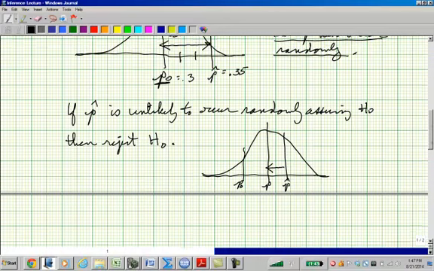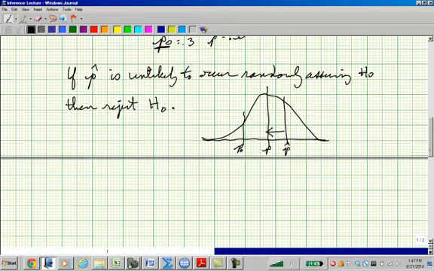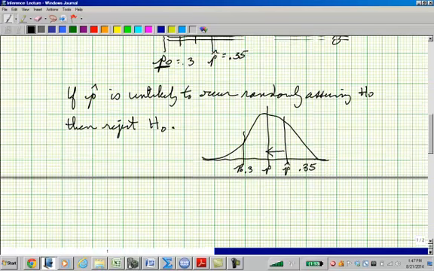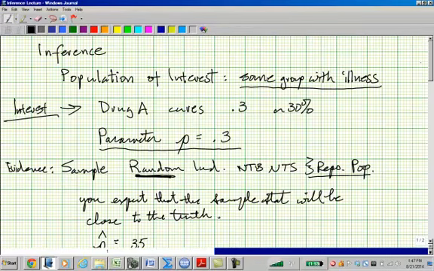So that's how we're going to see it. Here's p sub 0 at 0.3, and here's p hat at 0.35. So we're going to start thinking that p, the truth, is bigger than 0.3. Now, we don't think it's 0.35, but we think that it's bigger than 0.3. That's inference. Any questions? Get back to me and I'll follow it up.